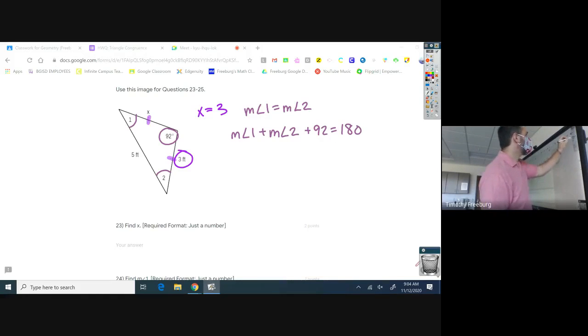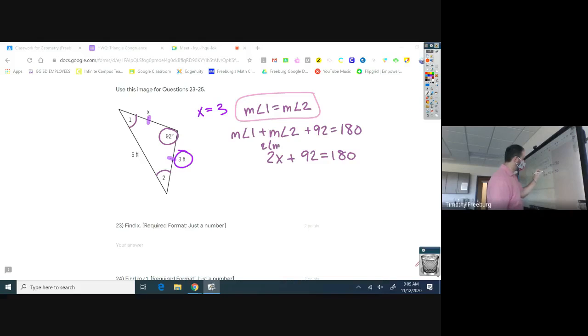We can basically substitute this in, and I'm just going to call it x for easier math. So x plus x would give us 2x plus 92. For those of you that like keeping it in that form, you could call this 2 times the measure of angle 1 if we substituted it in that way. I'm just going to call it x for right now.